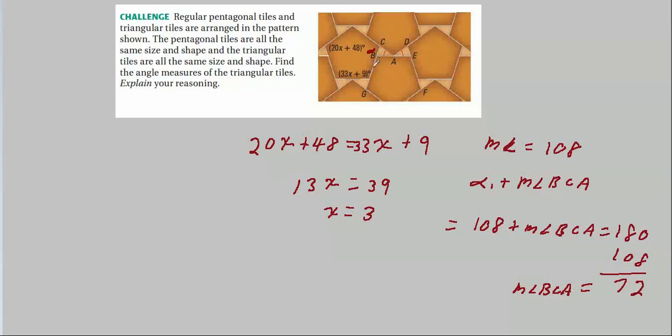Remember, these are all the same pentagon. It's just reproduced over and over, so they're all exactly the same size, and they're considered exactly the same. They're all regular, of course. Which means this angle must be 180 minus 108 also. So this one is 72 degrees. So we have two angles that are 72 degrees.